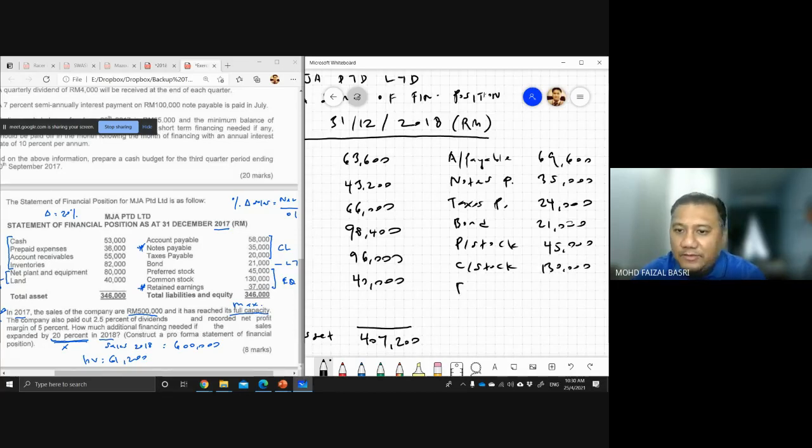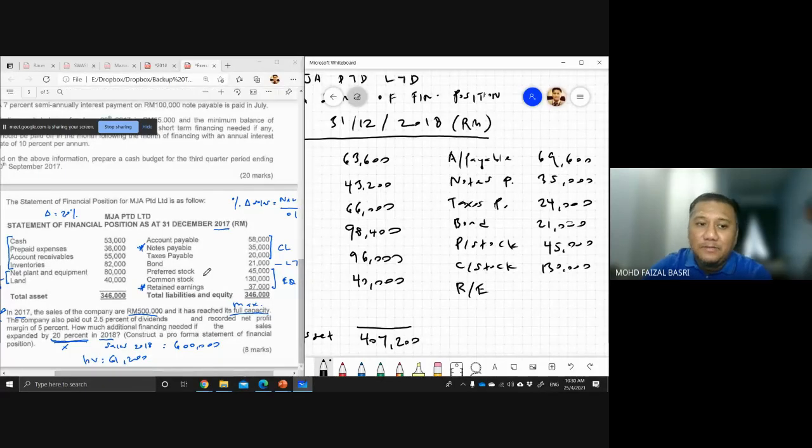Right, so we are left with retained earning. Okay, retained earning akan berubah. Retained earning will change, but it will not change according to the 20% increment. We're going to calculate the actual retained earning. So that's why selain daripada Proforma Statement of Financial Position, you might have to prepare Proforma income statement. But since soalan tak bagi kita Proforma income statement, macam mana nak buat kan?